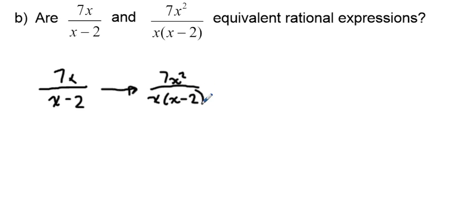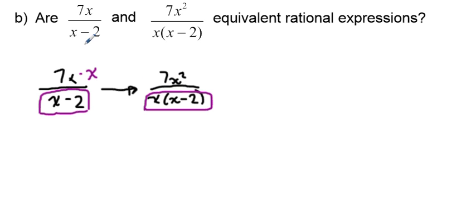If I look at the bottom of this expression and compare it to the bottom of my new expression, the only difference is that I multiplied by x. So I'd like to see if I multiply this top expression by x, would I get 7x squared? I can see that I do. So I know that I've multiplied the top and bottom of my first rational expression by the same value.